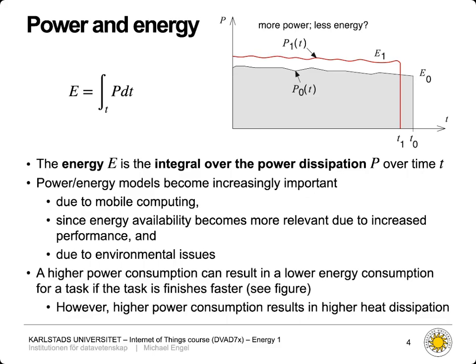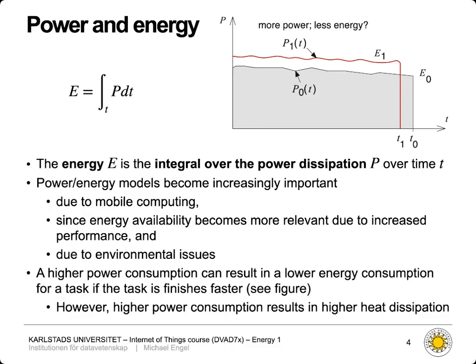So if we take the integral over the time until our value t0, we have a certain amount of energy. Now, if we manage to clock our processor a bit faster and it finishes significantly faster, then in turn we have a higher power consumption during the calculation this processor performs. But since we're already finished at time point t1, we might in the end use less energy than running at a lower frequency.